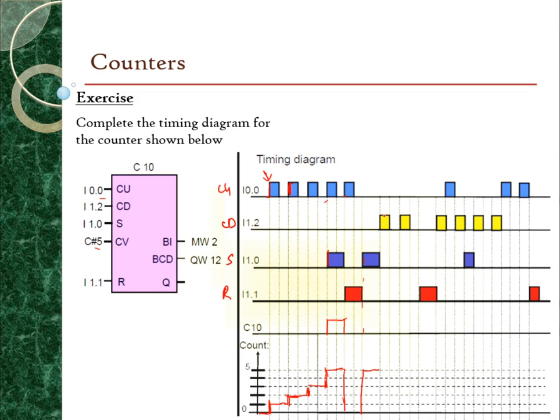In this case, it just finds this counter down trigger, which is this low to high, the rising edge of the counter down signal. So it will decrement the accumulated value by 1. And then it will remain at this value until it finds another counter down.